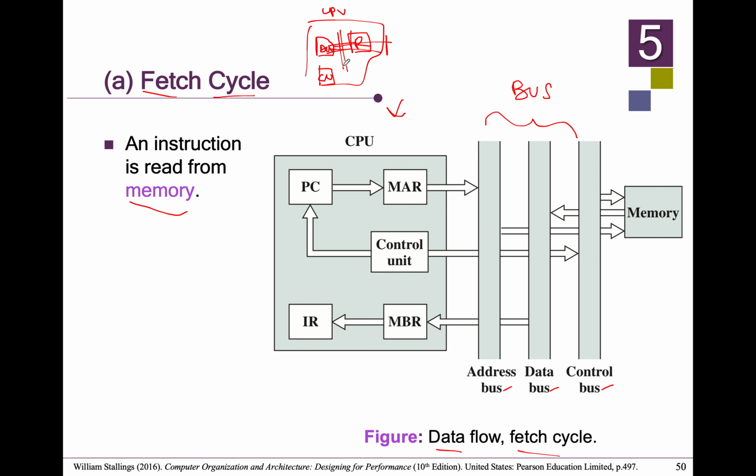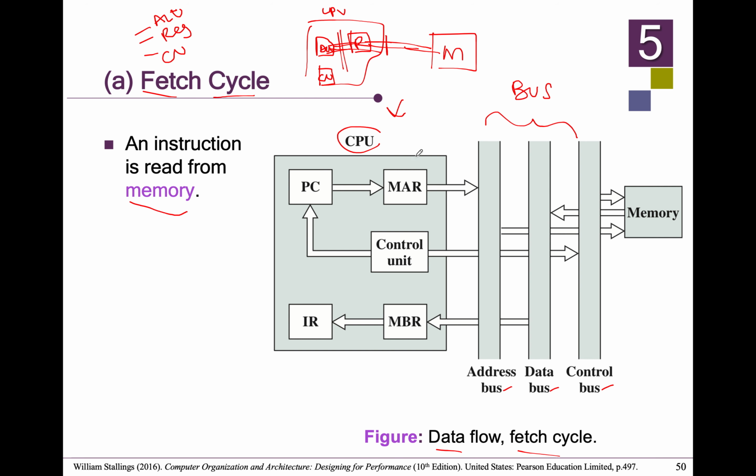There are interconnections, and these also can be connected with your memory. So that's why you can see you have a link to your memory. And inside your CPU, last time you saw only these three elements: ALU, your register, and also your CU, control unit.